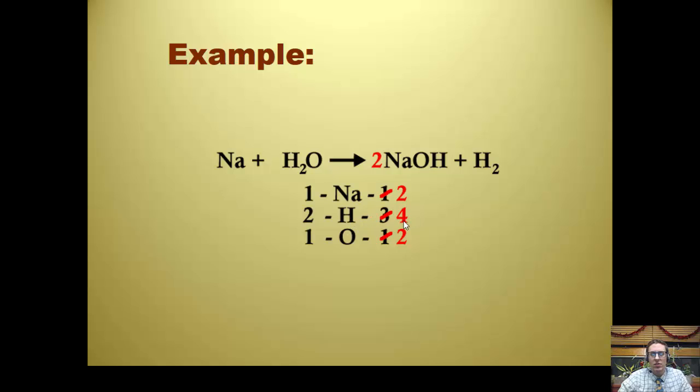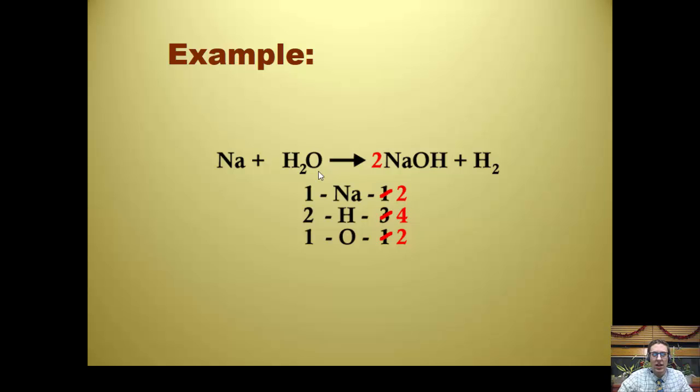So that gives us 4, which we're going to work on later. But again, this is a multiplier, so this means everything after it is going to need to get it as well. So this gives us 2 sodiums as well, 4 hydrogens because we have the 2 times 1 plus the 2, and then 2 oxygens.